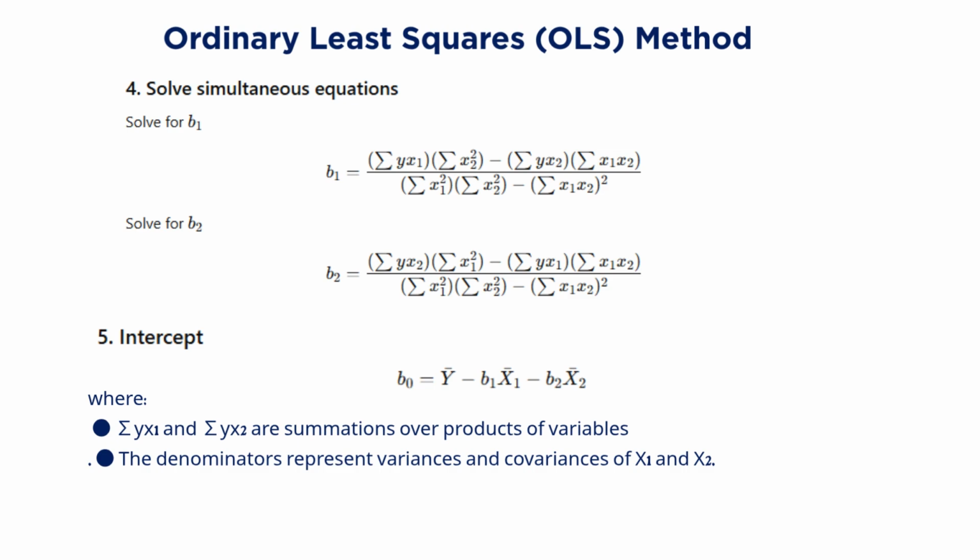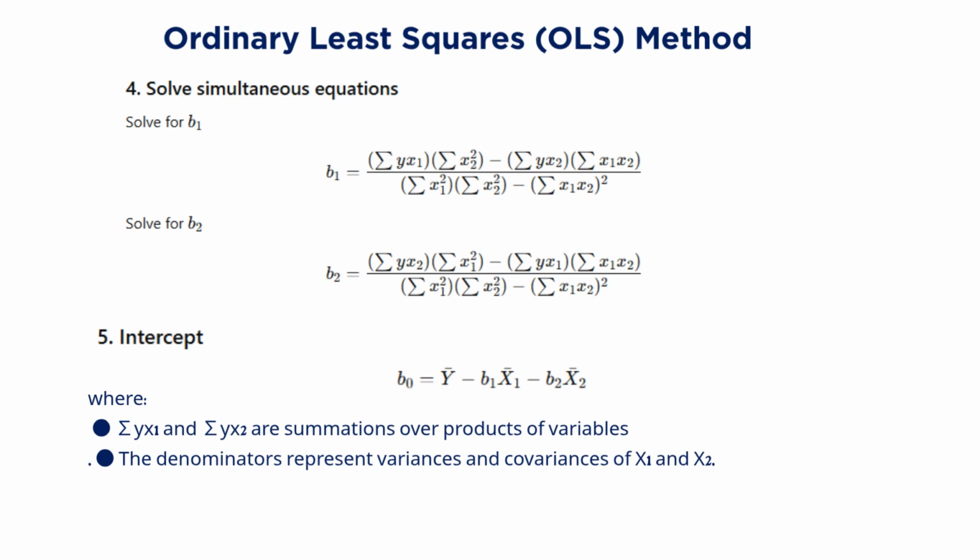And beta 2 is equal to summation of y x2 times summation of x1 square, minus summation of y x1 times summation of x1 x2, divided by summation of x1 square times summation of x2 square minus summation of x1 x2 whole square. And the intercept b naught is equal to y bar minus beta 1 x1 bar minus beta 2 x2 bar.